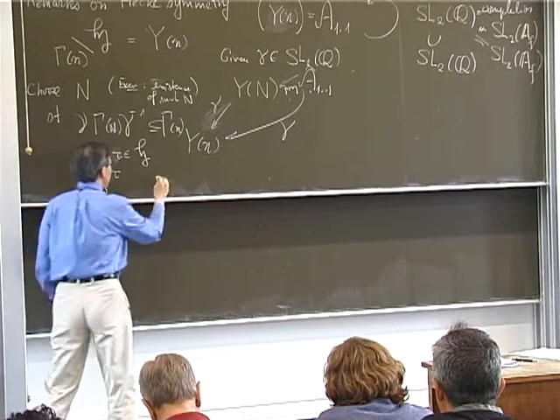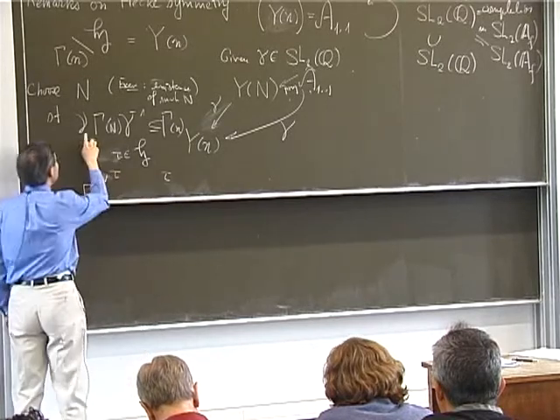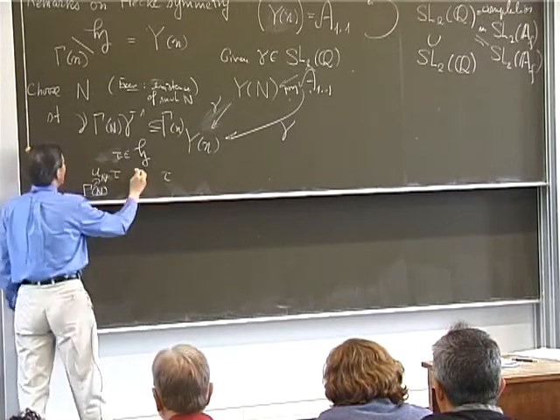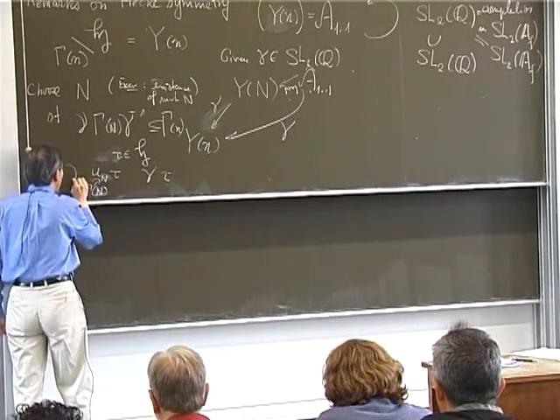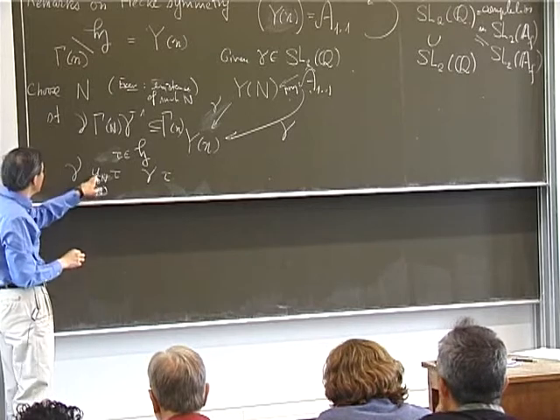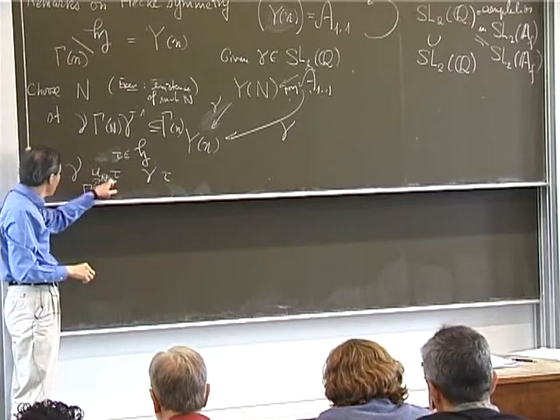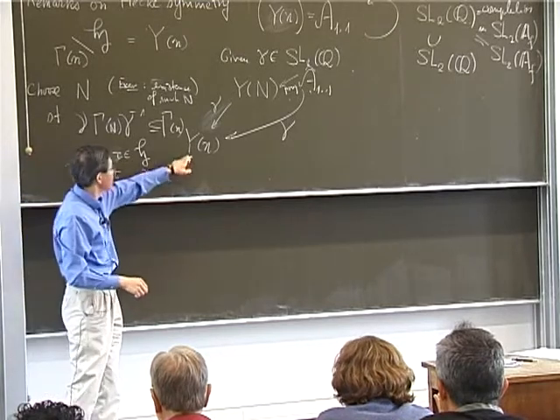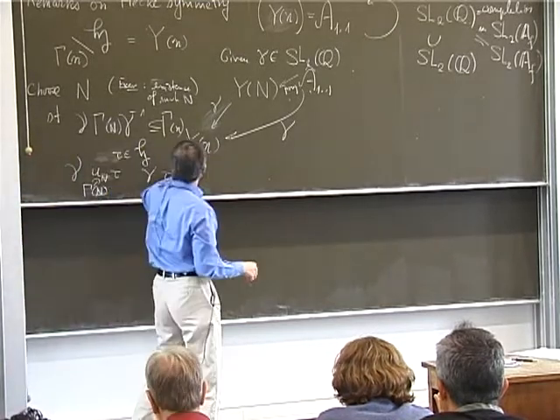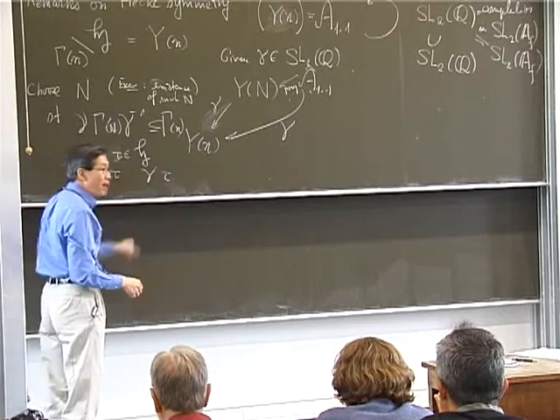And I would like to check that if I hit tau with gamma and compare it with hitting u_N of tau with gamma, they land up at the same point in Y(n).